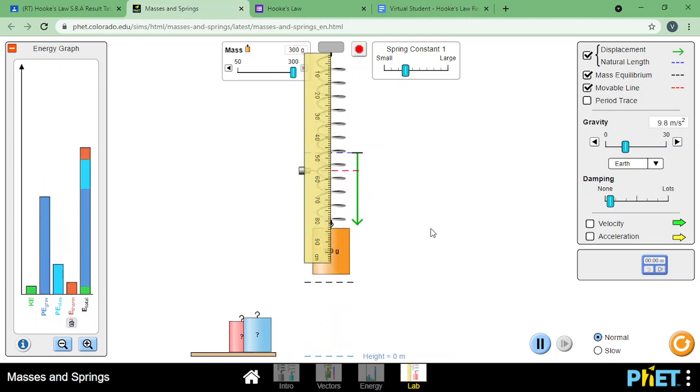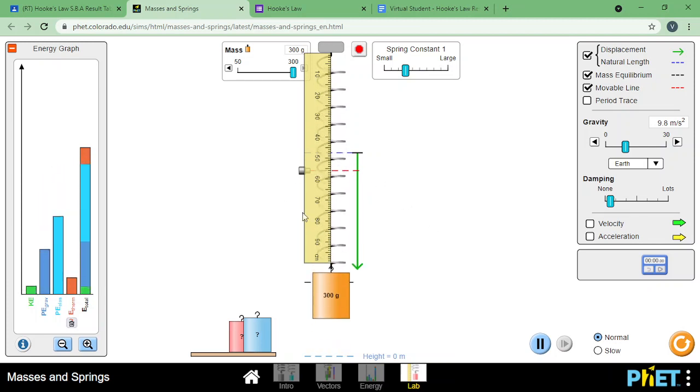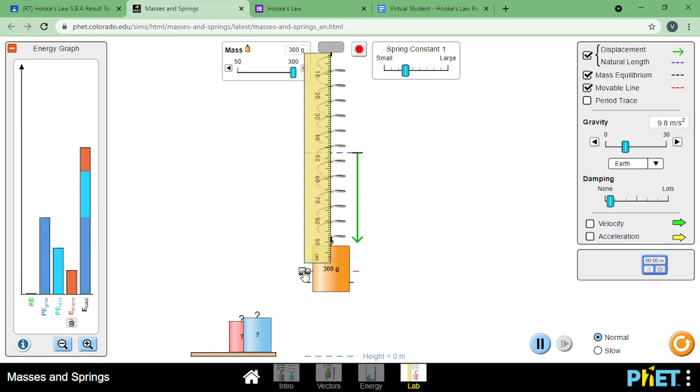All right, let's get to 300. Let's allow that to oscillate and settle out a bit. Let's see how far it's going to go. While that is happening, you want to note a few things. Acceleration due to gravity is preset to that. Note the spring constant.